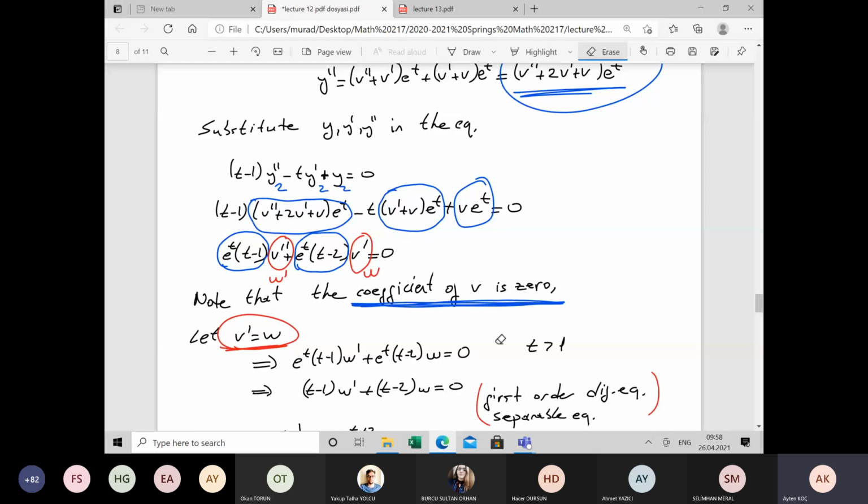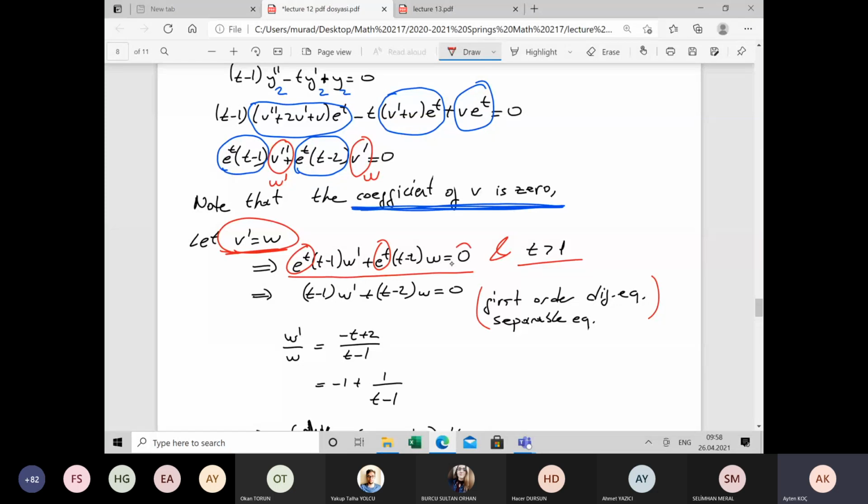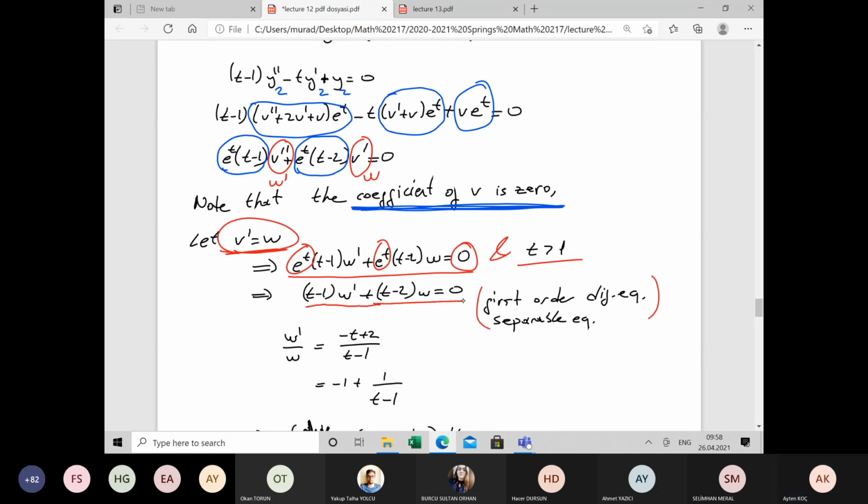What does this mean? It means e to the t is always non-zero for t greater than 1. So this equation means (t minus 1) w prime, minus (t minus 2) w, is 0. Because e to the t times this one is 0, but e to the t is not 0, so this part should be 0. So we obtain the next line.